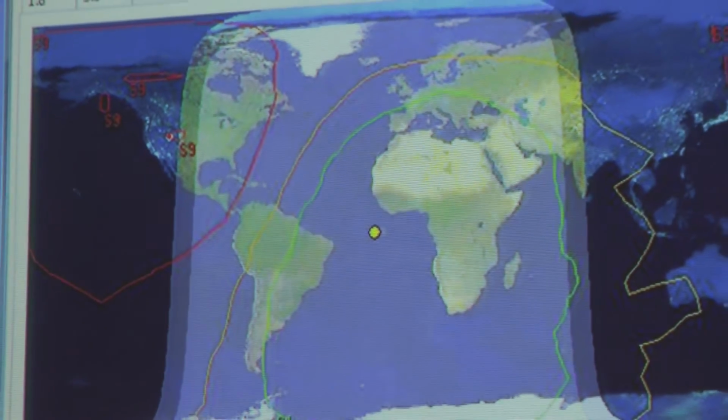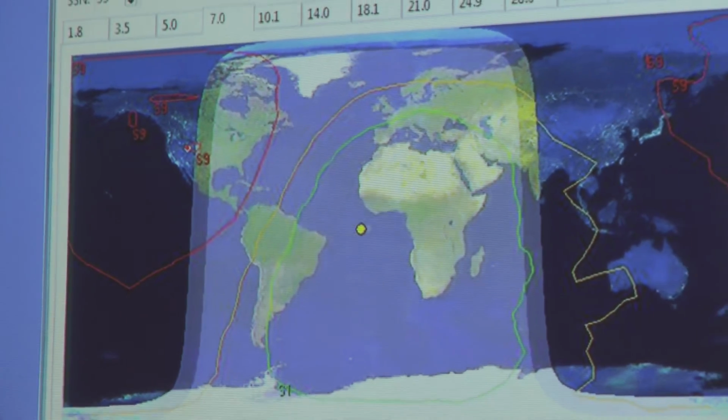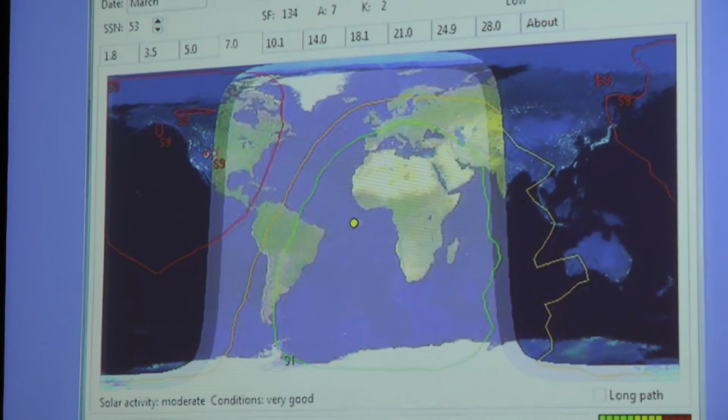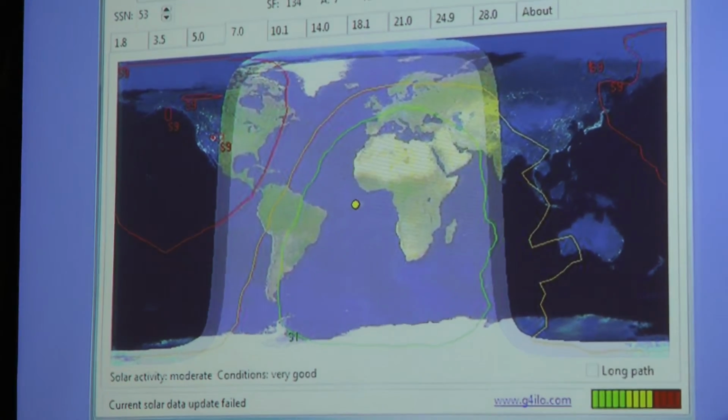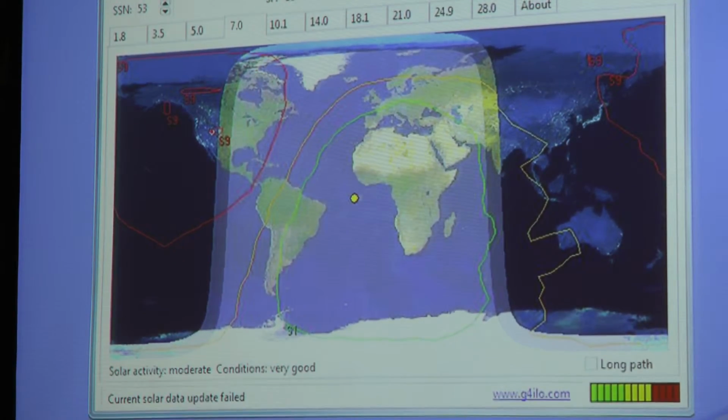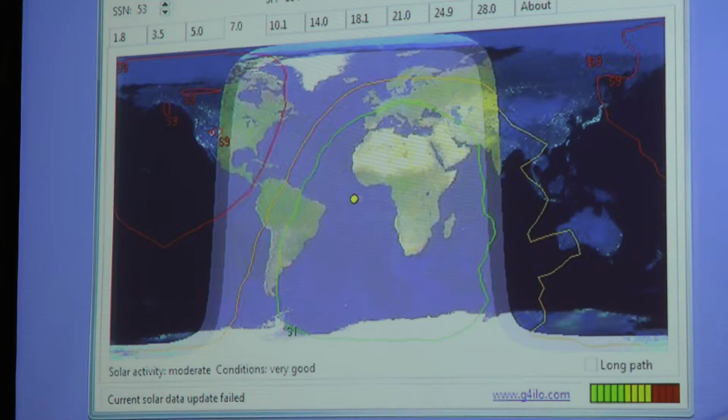This is showing where the sun is and the way the Earth is on March 2012 at 1300 Zulu. This is the way the Earth's laid out here, and so you can kind of see the gray line, and you can see the dark areas and stuff like that.